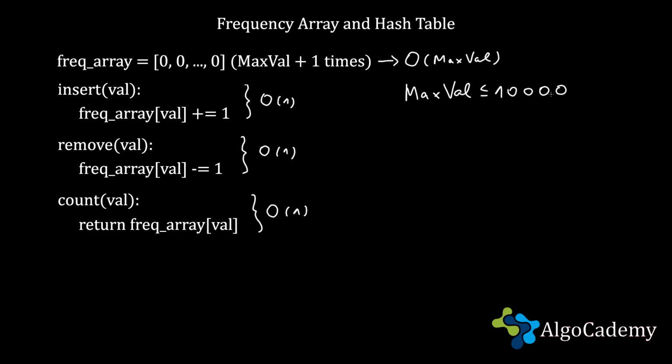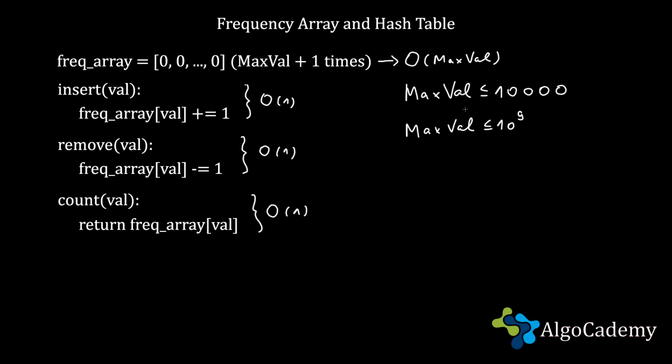But we are going to encounter a lot of problems, and actually most of them, where this max val is not so friendly. It could be something like 10 to the power of 9, let's say. Then not only do you take a lot of time to build an array of 1 billion zeros, but you are not even able to do that because most computers won't allow such a big memory use, right?